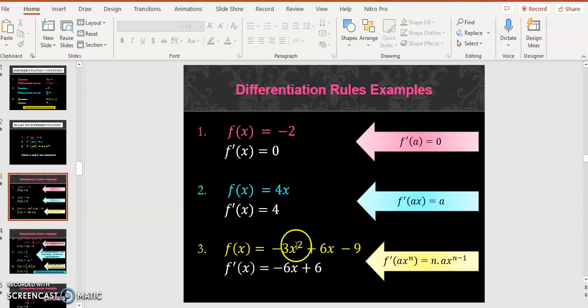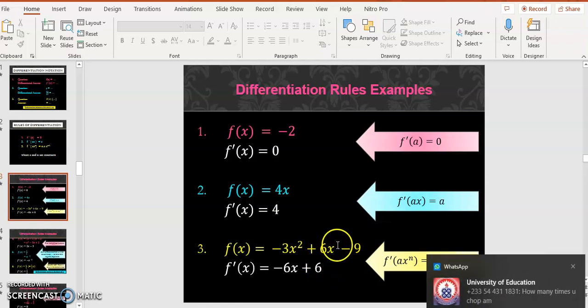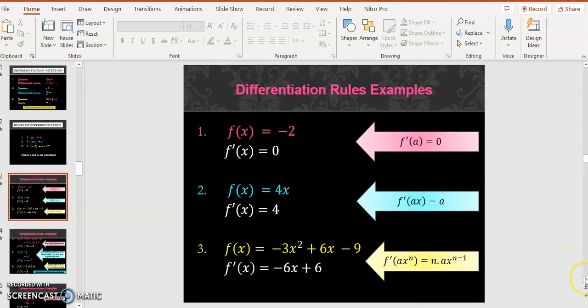Then you write the x. Then 2 minus 1 will give you 1. x to the power 1 is x. Then the exponent here is 1, so 1 times 6 is 6. x, the exponent here is 1, so 1 minus 1 is 0. So x to the power 0 is 1. So it's like 6 times 1, which is 6. Okay, let's move on.